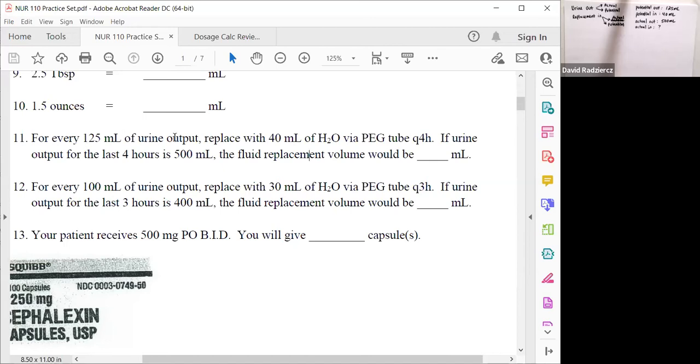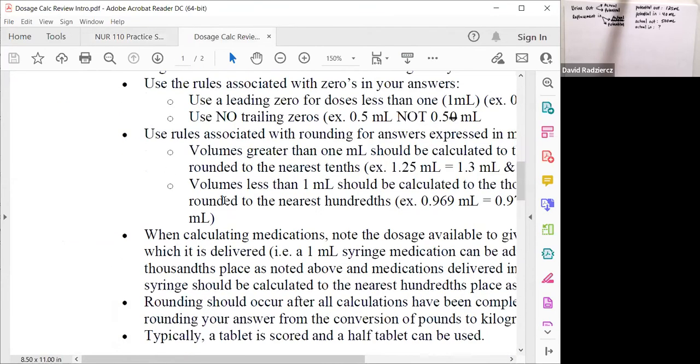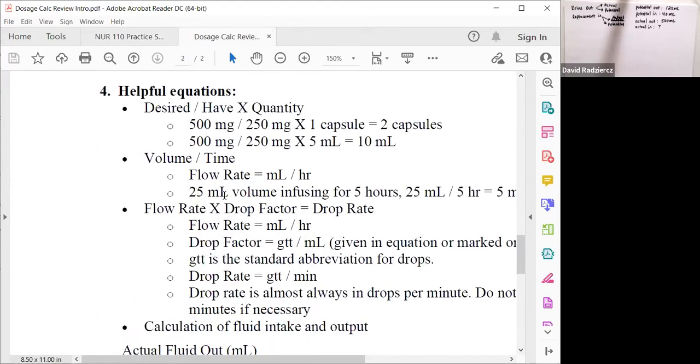Then 375 would be 120 milliliters. 500 milliliters would be 160 milliliters. If you're doing it that way, you're doing it right. If you're not, then I'll give you this strategy, and I'll also show you there's an equation for this.